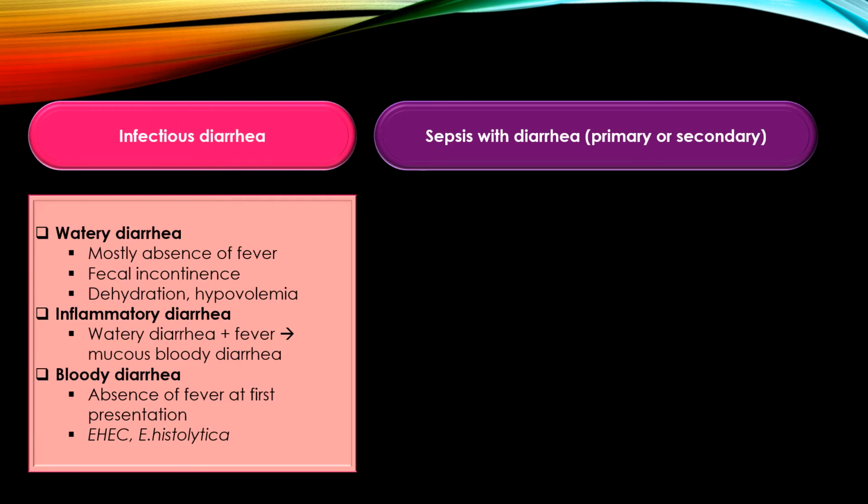Bloody diarrhea: some cases have no fever at first presentation. Examples are EHEC and E. histolytica, a kind of protozoa. If you see a patient whose abdominal pain and diarrhea are not obvious, but you find red blood cells in the stool, you should recognize this pathogen.